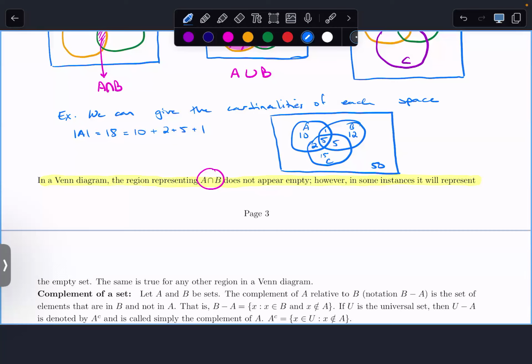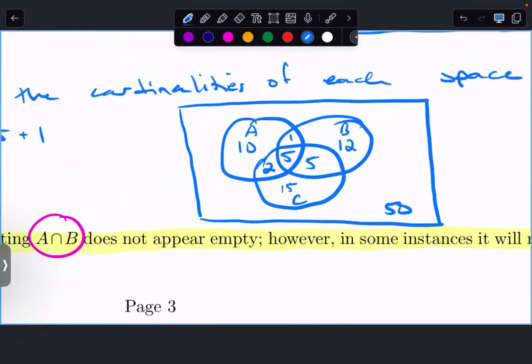What about the cardinality of A or B? They're allowed to be in just A, or this little guy's in A or B, which includes these guys as well.